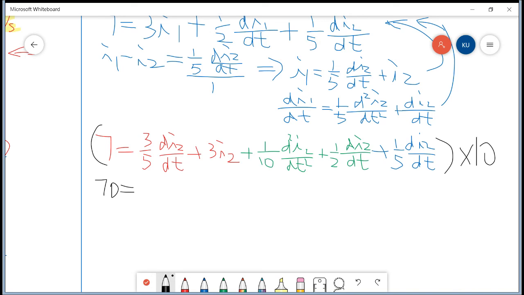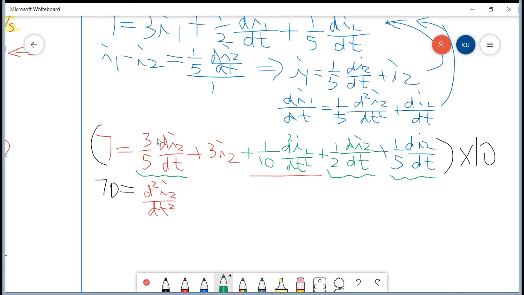This is the second derivative, 1/10 multiplied by 10, so it will be 1 second derivative of I2, and then the next one, first derivative, is this one and this one.